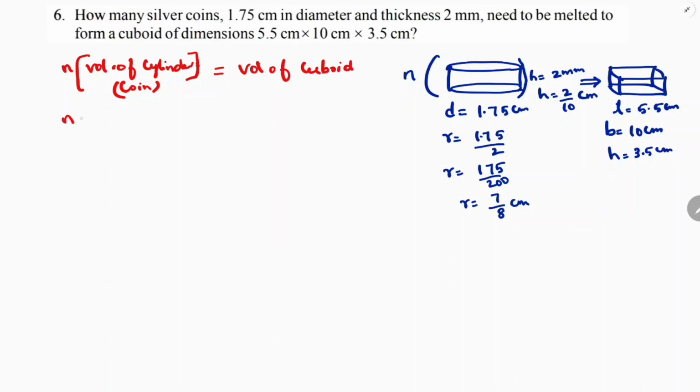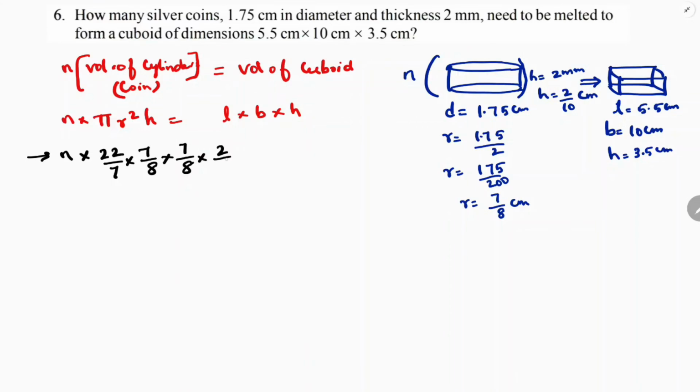So now if I write the formulas, N into volume of cylinder is pi r square h, volume of cuboid is L into B into H. If I substitute the values, N which I need to find, pi is 22 by 7, radius is 7 by 8 into 7 by 8, and height is 2 by 10, 5.5 into 10 into 3.5.